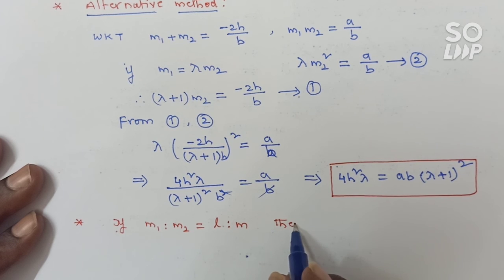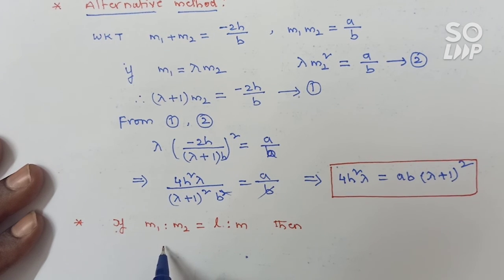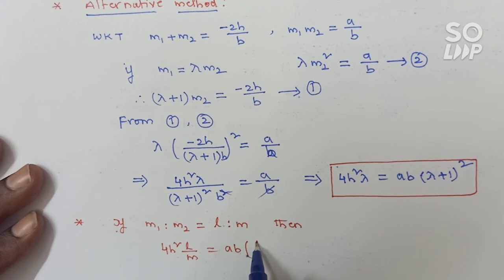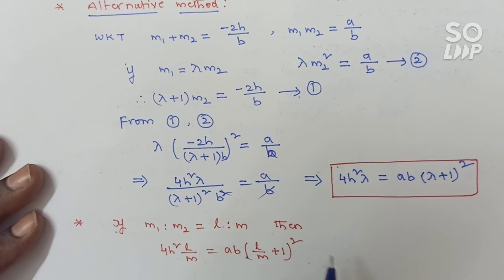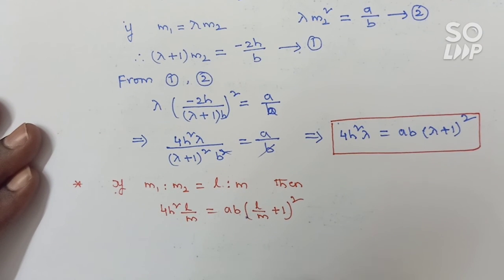Then from the above result, 4h square into l by m is equals to ab into l by m plus 1 whole square.